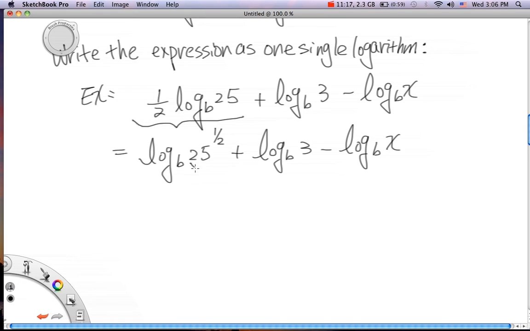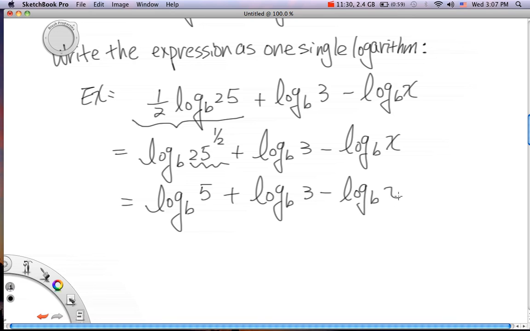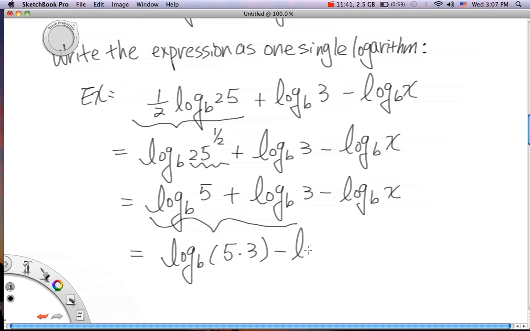Now this is just the square root of 25, so that means it's really log base b of 5 plus log base b of 3 minus log base b of x. Left to right, these are two separate logs being added. That means that it was coming from multiplication before, if you recall.